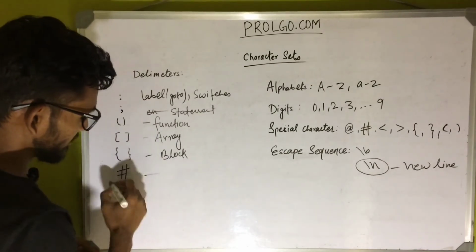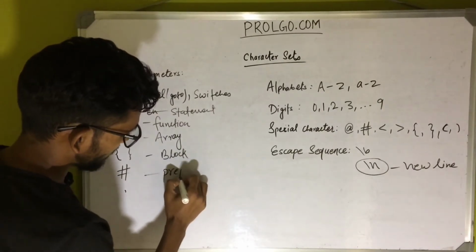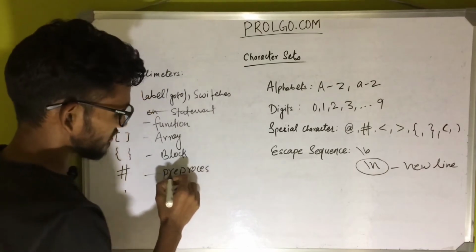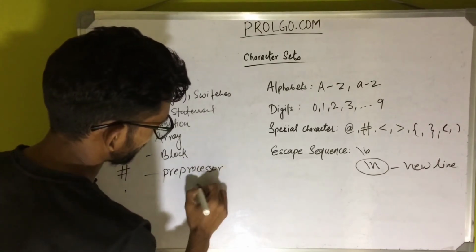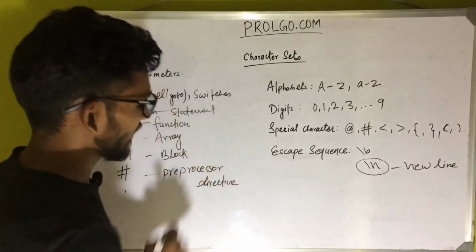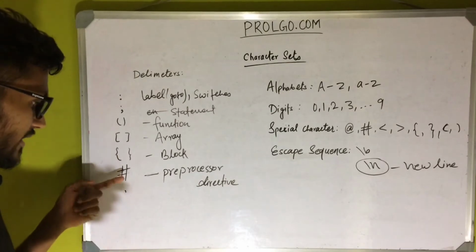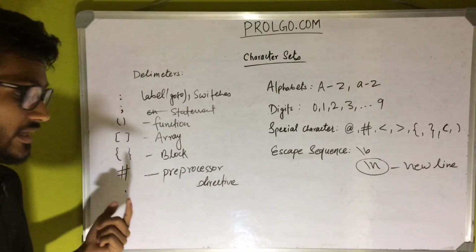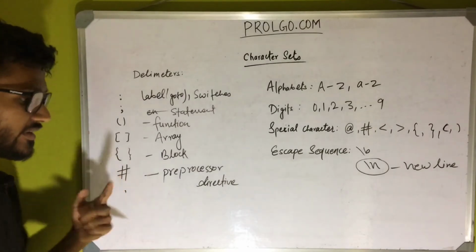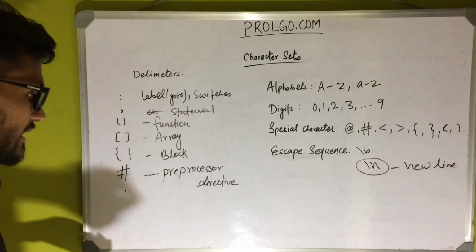braces, and then it comes to hash. This has a special name in programming, in C programming, that is called a preprocessor directive. So why does it say preprocessor directive? If you have noticed in our pseudocode, on the first line we use #include <conio.h>, #include <stdio.h>.